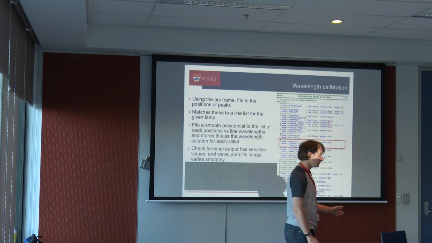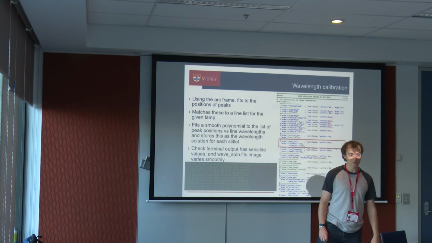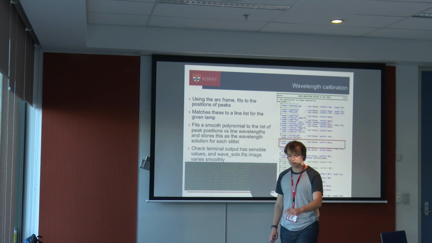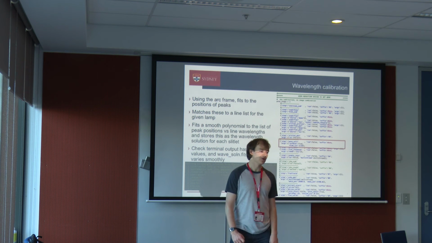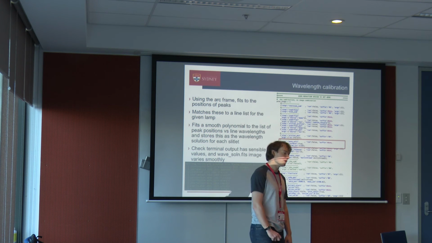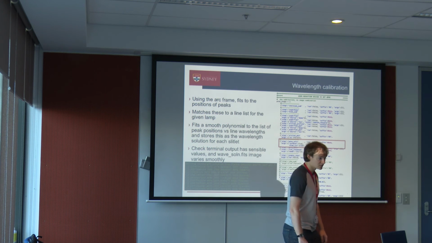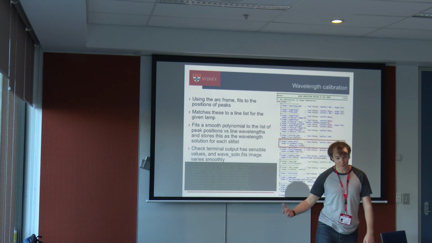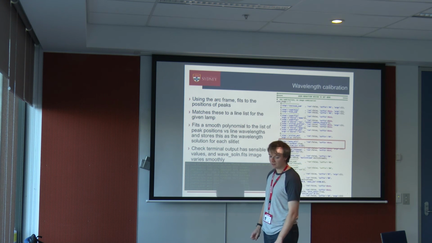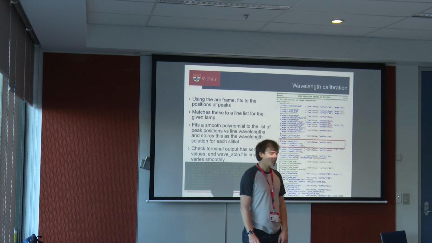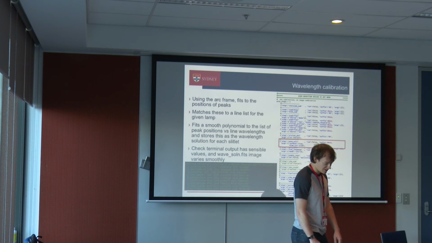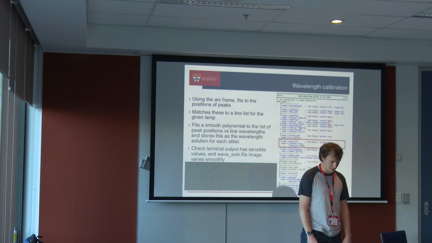Again, the lamp, I believe, used for this calibration changed between 2012 and 2016. So the new version of the pipeline will screw up your wavelength calibration on this older data. Similarly, the old version of the pipeline will screw up your wavelength calibration on the newer data. So check you have the right line list for your epoch of observation.